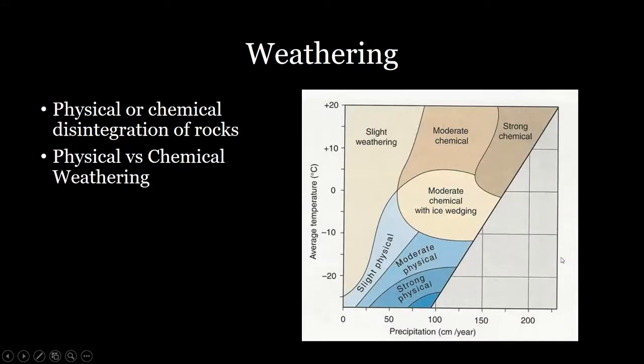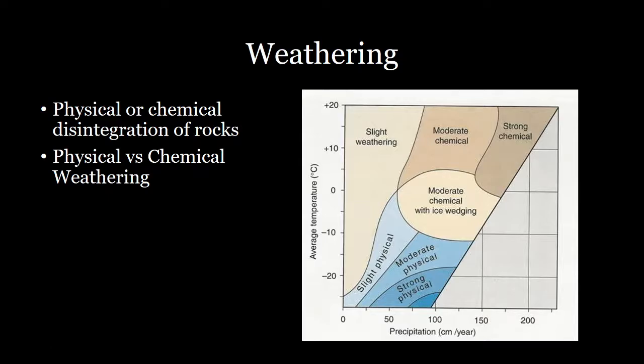Whether physical or chemical weathering is more prevalent is determined based off of the temperature and the amount of precipitation in an area. An area that receives heavy precipitation as well as higher temperatures tends to have significantly more chemical weathering compared to physical weathering.